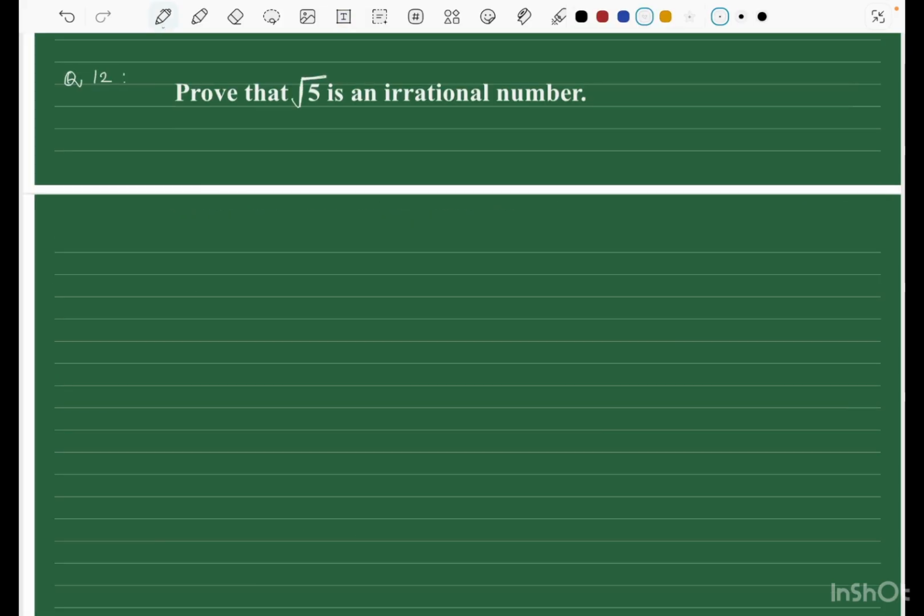Question number 12. Prove that root 5 is an irrational number. It is a 3-mark question. Let us assume root 5 is rational. Therefore, root 5 can be written in the form of r by s, where r and s are coprime, s not equal to 0.